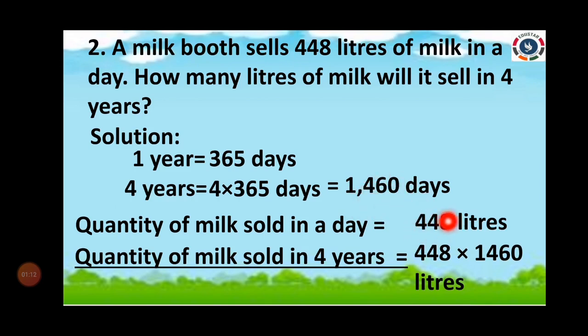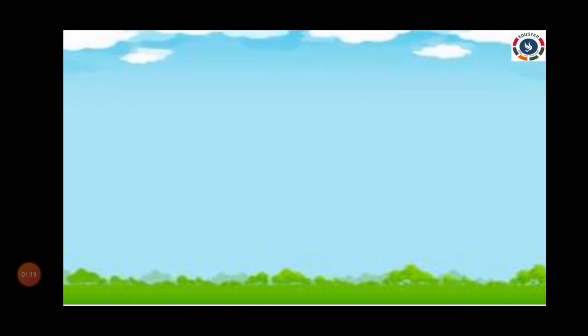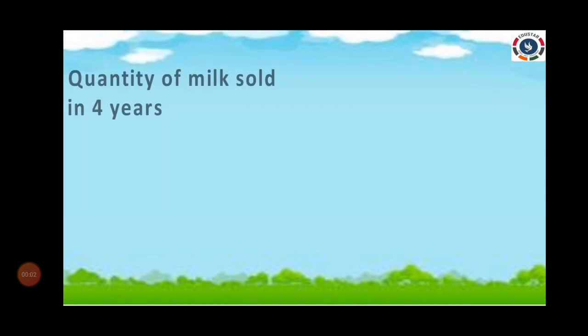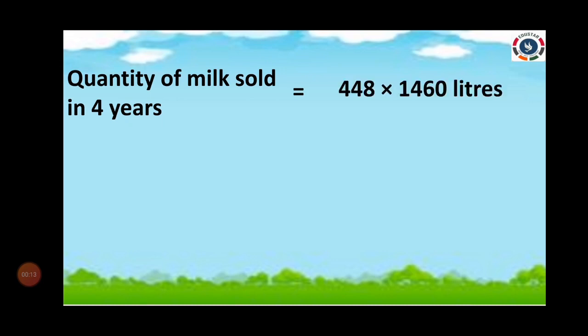So 448 into 1460. Okay, you multiply both, you get the answer finally. And quantity of milk sold in 4 years equals 448 into 1460 liters.